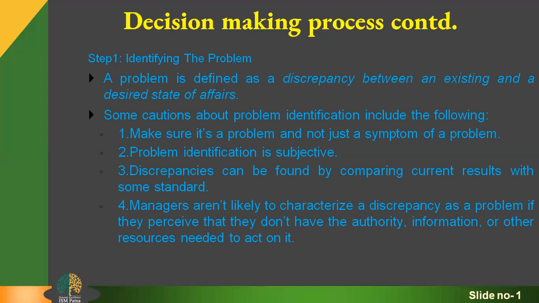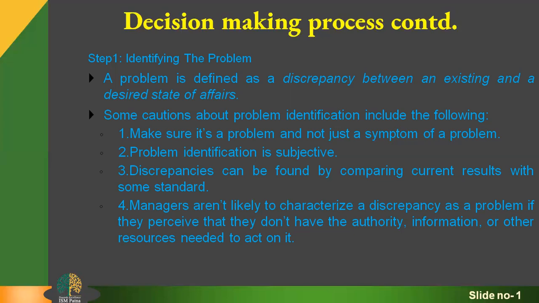So problem identification is subjective means you have to simply go with whatever phenomenon has arisen in the business process. You go and take it subjectively and see its pros and cons, see its variation and alternatives, whether there is exact performance derailment or not, or what is happening inside this process, then decide whether it is a problem or not. But before performing all these things, you cannot do it objectively.